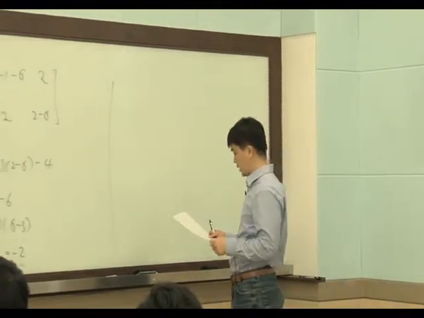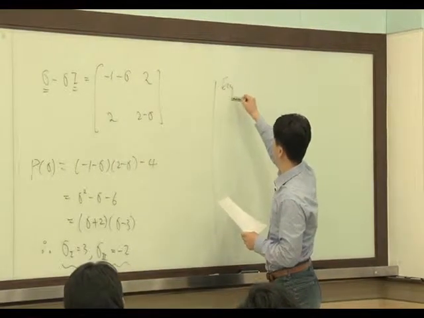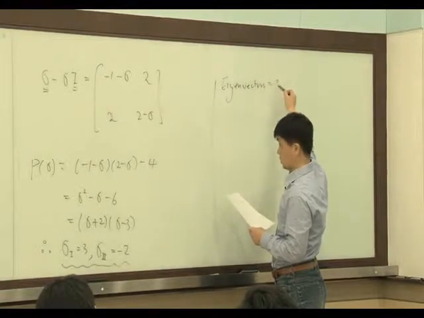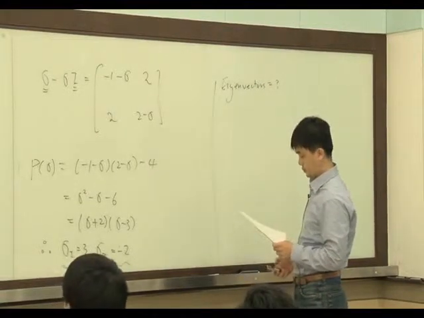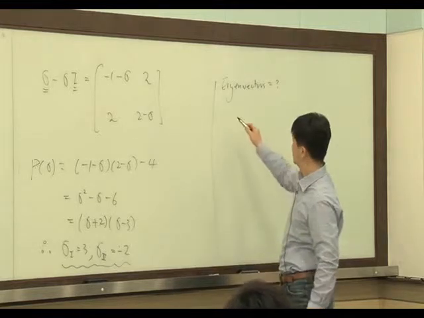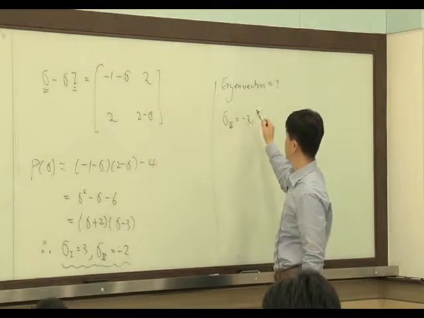So we need the eigenvector. Okay, so let's consider the second case, -2.